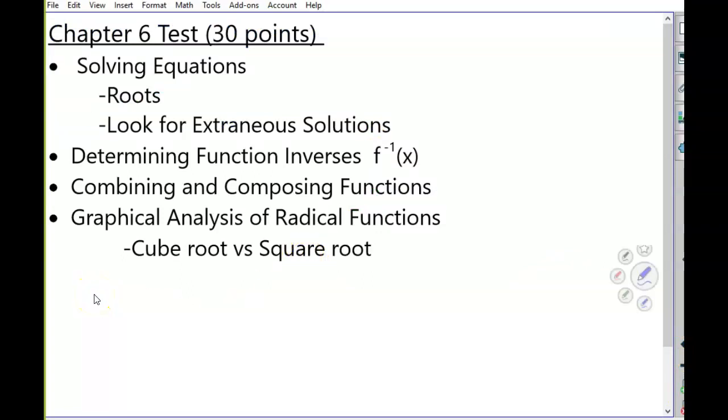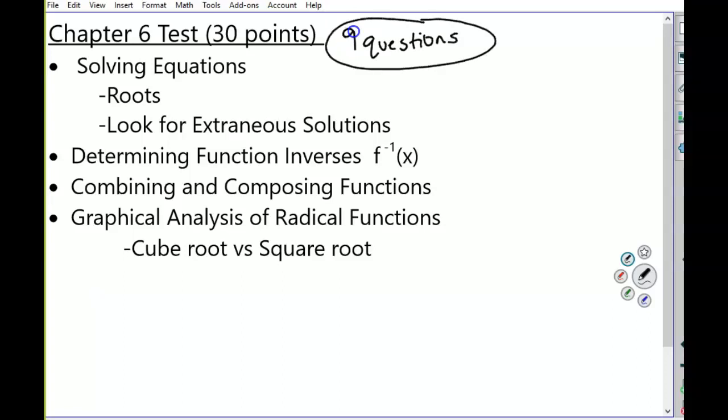Okay, what is on our test, I shouldn't even really call it a test. I should call it a quest, because it's right in between a quiz and a test. But it's 30 points, it's Friday, and it's covering solving, which we're going to review again today.